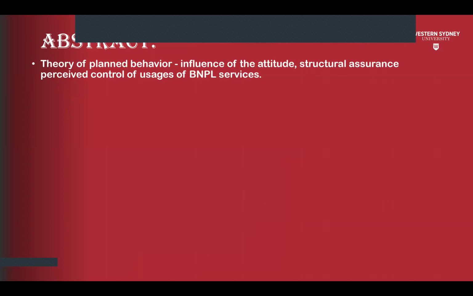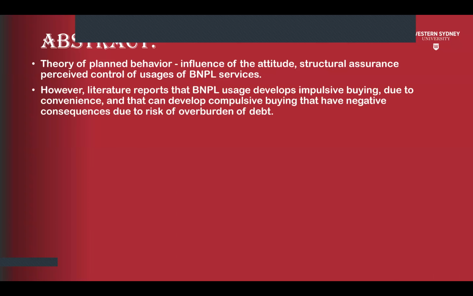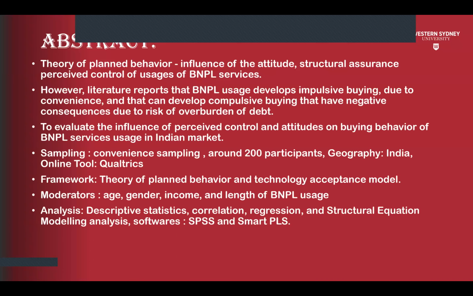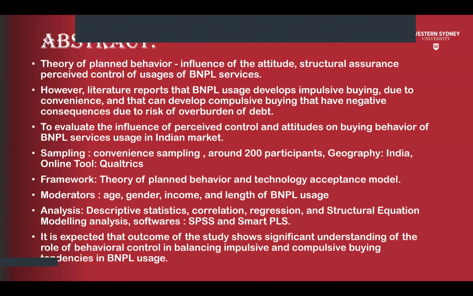Based on this theory, individuals calculate in their mind about gains and risk, which forms their attitude that leads to intentions and usage. Whereas convenience and structural assurance, which I'll be taking from technology acceptance model, privacy and security consideration, digital financial literacy, and subjective norm build the attitude and intentions of usage.